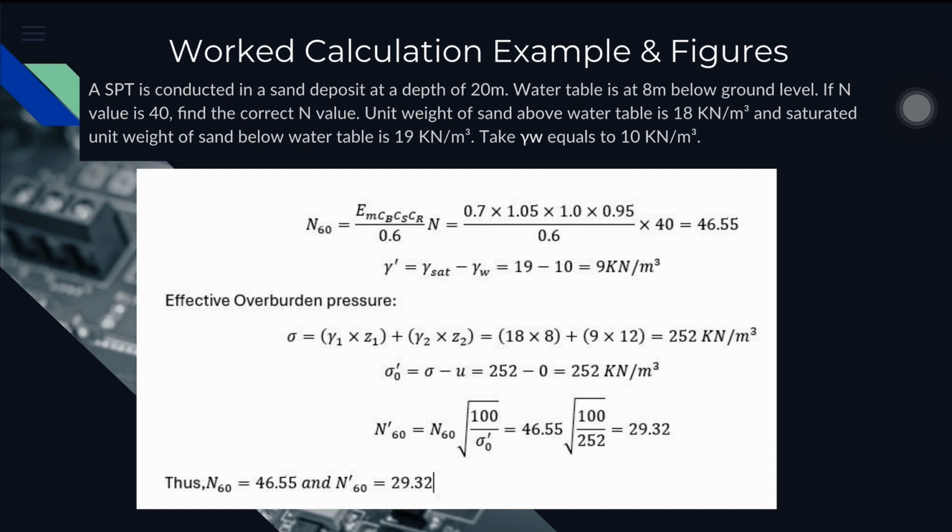So based on the calculation, we get N'60 of 29.32, which is based on the formula N60 multiplied by the square root of 100 divided by sigma prime naught.